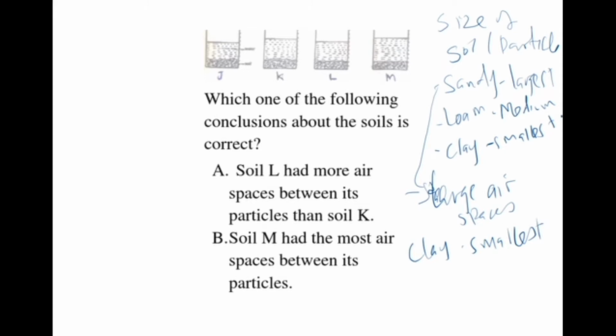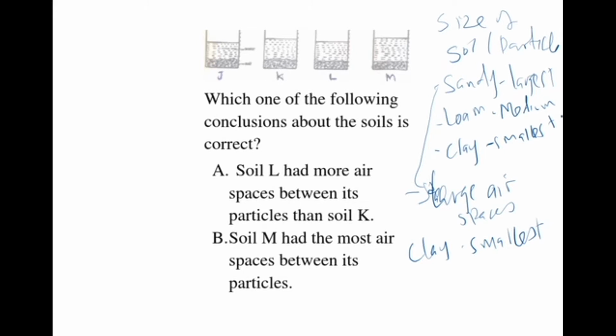Therefore, using that information, now we can look at the choices. Soil L had more air spaces in between the soil particles than K. So we compare L and K. K had less air spaces compared to L. So soil L had more air spaces than K. That one is correct.